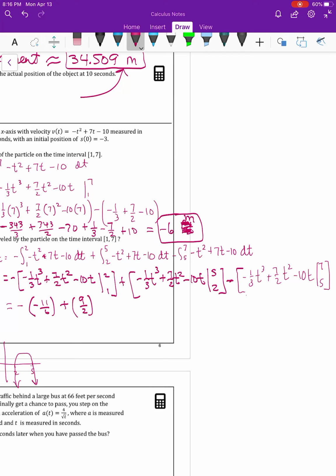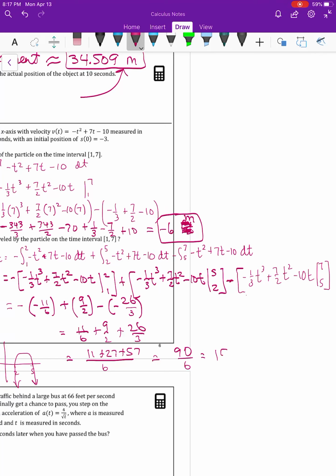And what I ended up getting should have been minus a negative 11/6 plus 9/2 minus a negative 26/3. So that's 11/6 plus 9/2 plus 26/3.